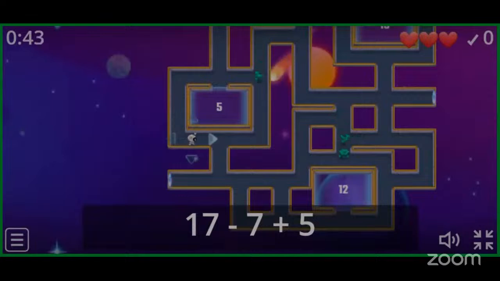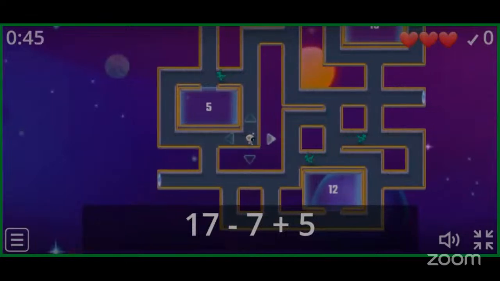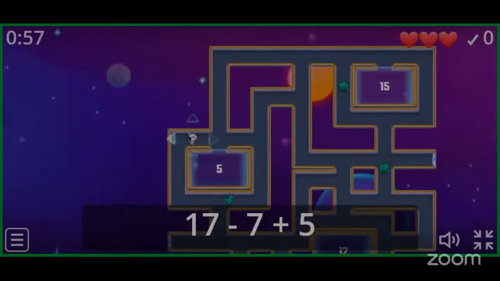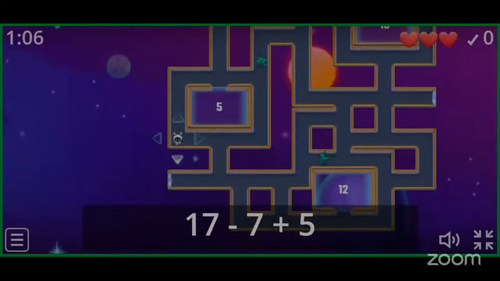Even though BIDMAS is brackets, index, divide, multiply, add, and subtract, where you have division and multiplication or adding and subtraction, you deal with it from left to right as a group, because they're equal opposites. So 17 minus 7 is 10. And then we add 5 to 10, we get 15.